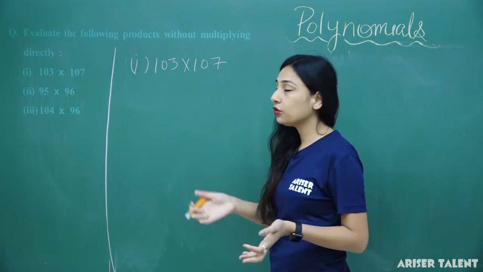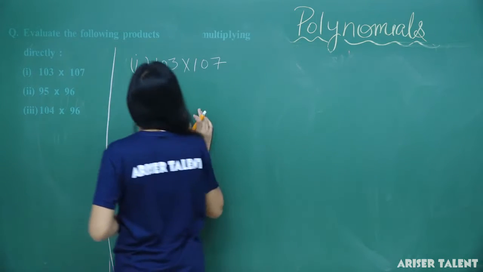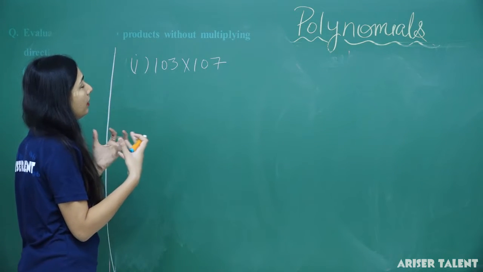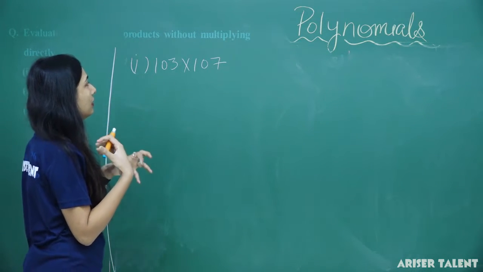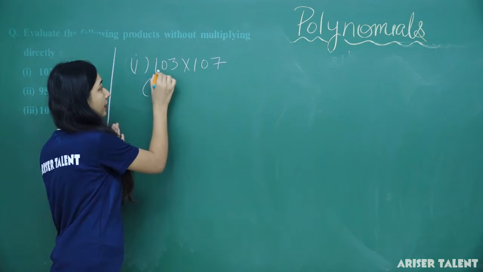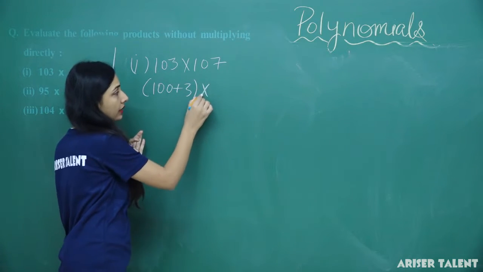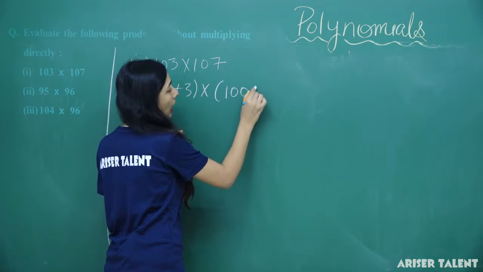Now you don't have to multiply it directly. So what will you do, just break it into something having zeros, like 100 plus 3, as I was telling you before, and 100 plus 7.